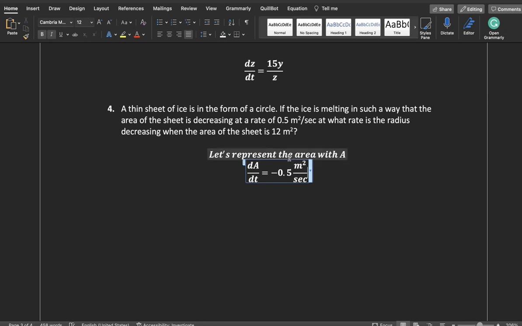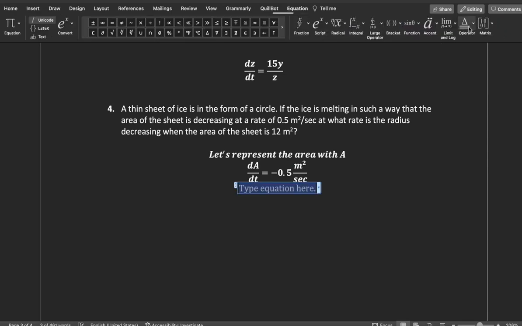We also know that the area of a circle is given as pi r squared, right? So now if you were to differentiate this formula for the area, what do you get?